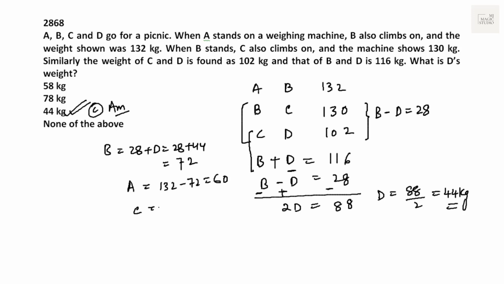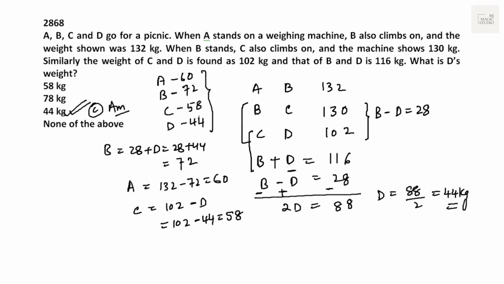And C is 102 minus D, 102 minus 44 is 58. So we have the weight of everyone. A is 60, B is 72, C is 58 and D is 44.